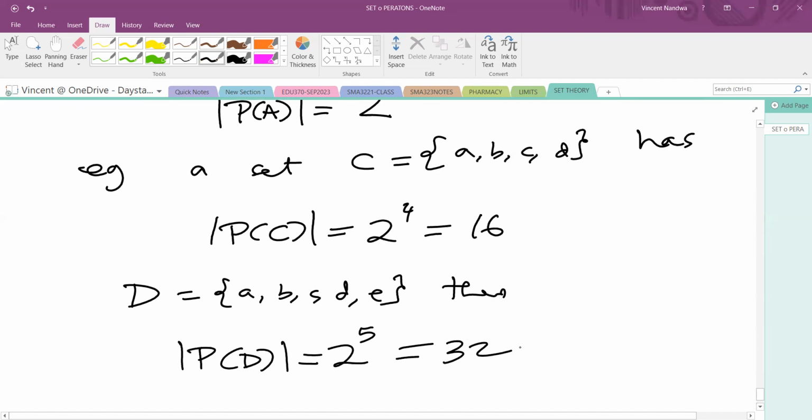So in some problems, you will be given the cardinality of a set, and then they ask you to find the cardinality of the power set.